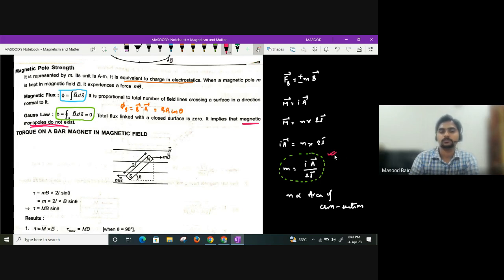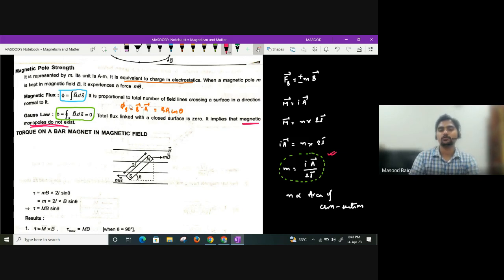Clear all of you? In the same manner, we are talking about magnetic flux. So what is magnetic flux? Just like electric flux represents the number of electric field lines passing per unit area and normal to the surface, in the same manner magnetic flux is the number of magnetic field lines crossing a unit area, guys, and normal to the surface.